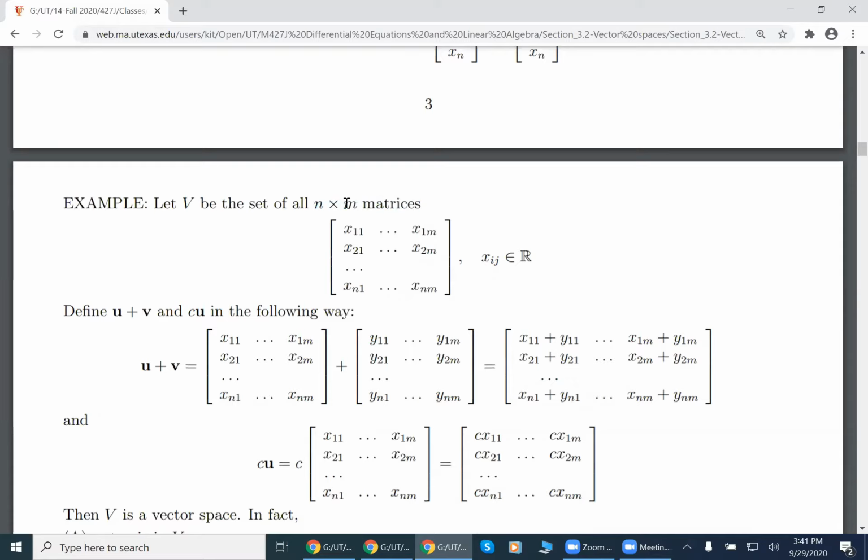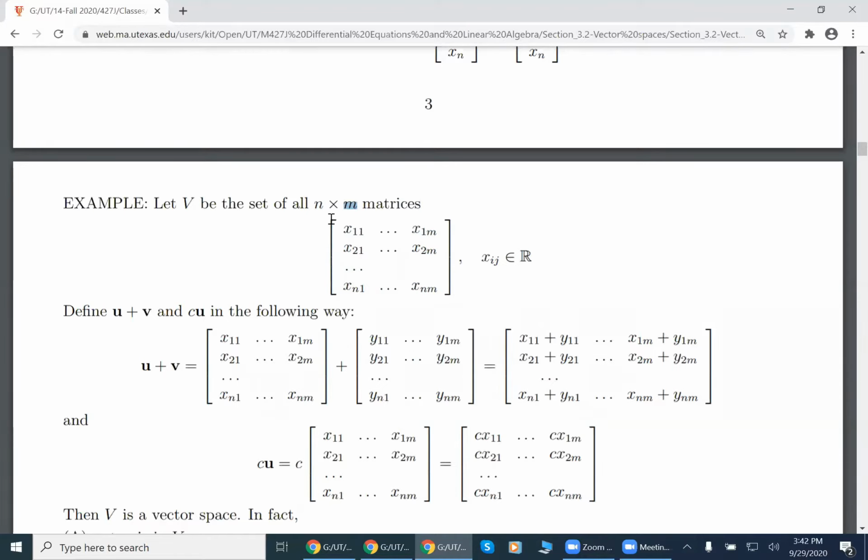Means instead of one column, we have m columns. Column number 1 and so on, column number m. Each component here is a real number again. So these are our objects, matrices with n rows and m columns.